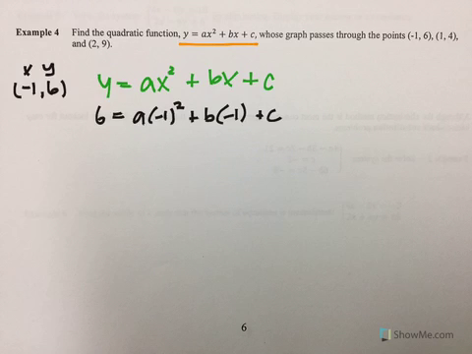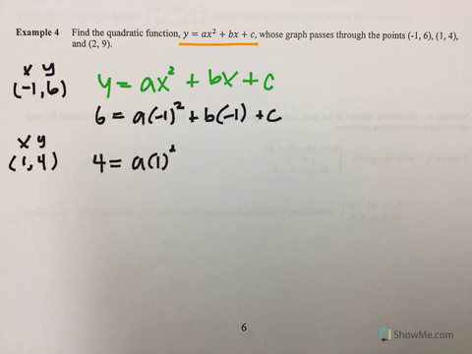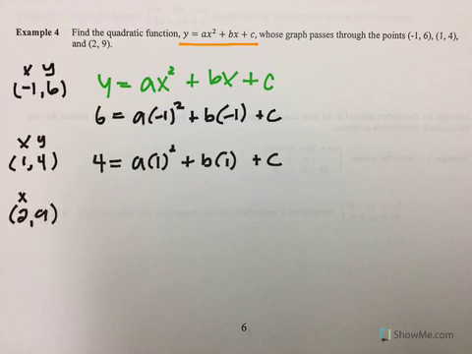Okay, and then the next one we're going to plug in is the point 1, 4. And again, x is 1 and y is 4. And the last one we're going to plug in is the point 2, 9. x is 2 and y is 9.